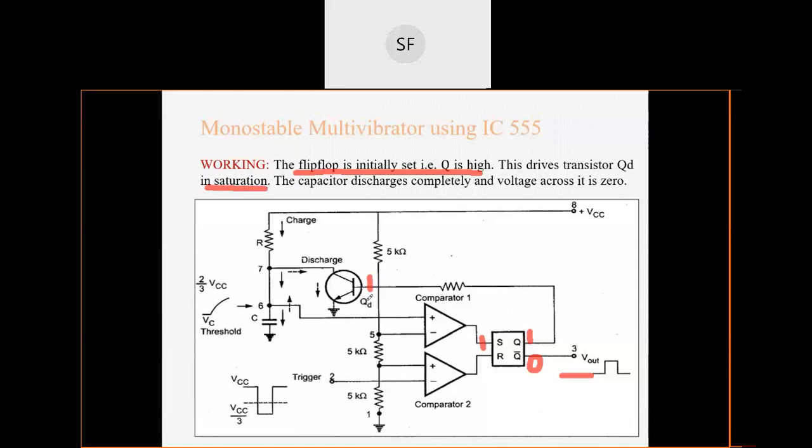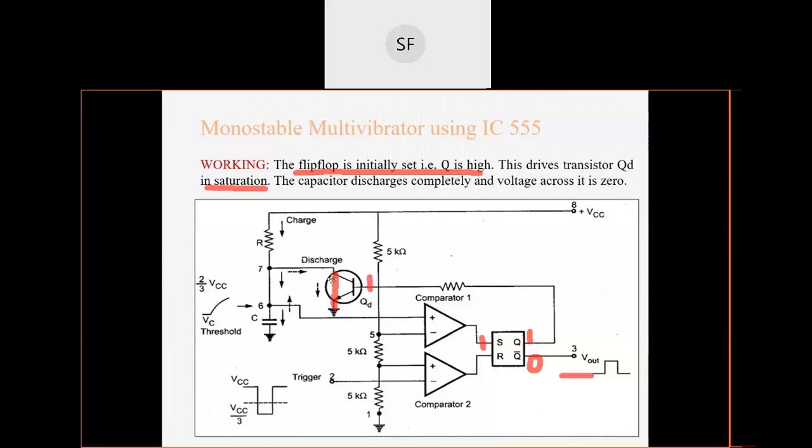Now what will happen if your transistor is working in saturation? Your transistor will act as a short circuit. I have already told you. Okay. So short circuit means collector and emitter will get short. You can remember like this.